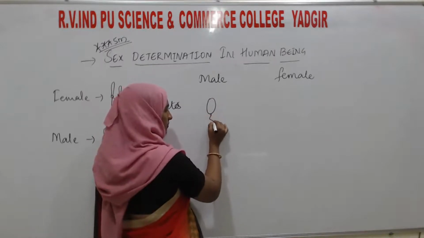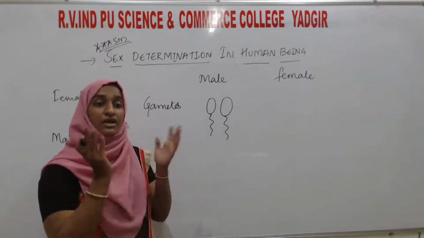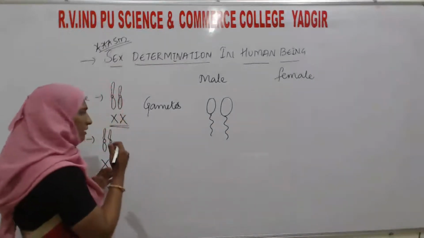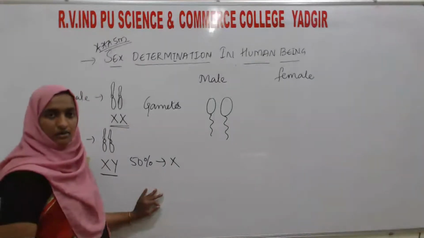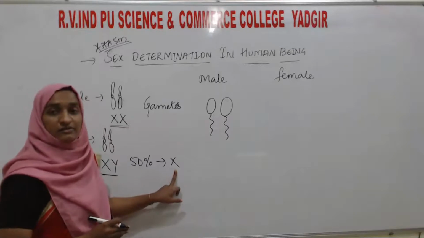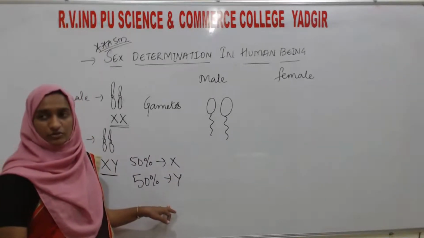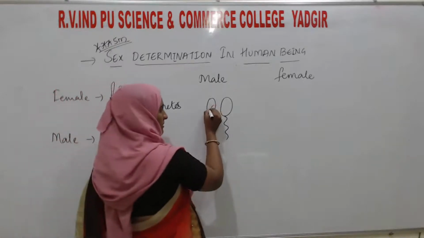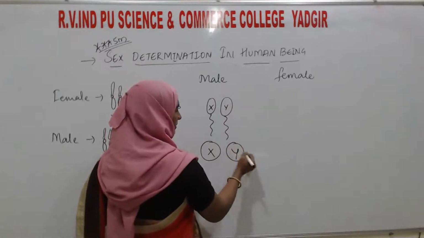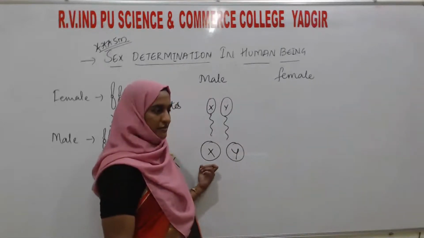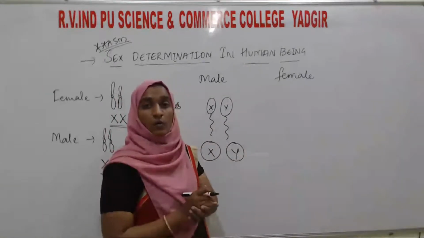Millions of sperms will be there during one ejaculation. Of that many sperms, 50% will carry the X chromosome and the remaining 50% will carry the Y chromosome as the sex chromosome. Half of the sperms will have X, half will have Y.